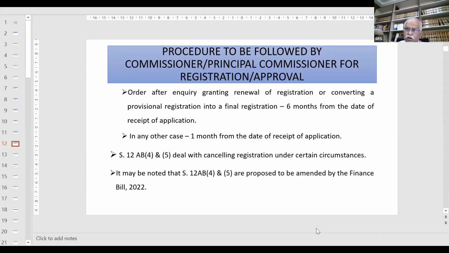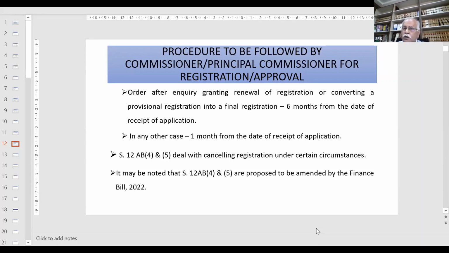Now, the Finance Bill 2022 has completely revamped subsection 4 and 5 of 12AB, and they give a very elaborate procedure for cancellation. Whereas if you look at the earlier 12AB4 and 5 as introduced by the TOLA 2020, there are hardly any procedures mentioned therein.